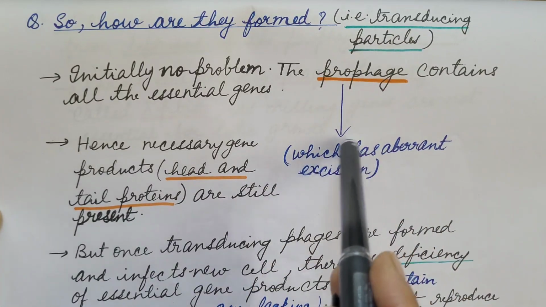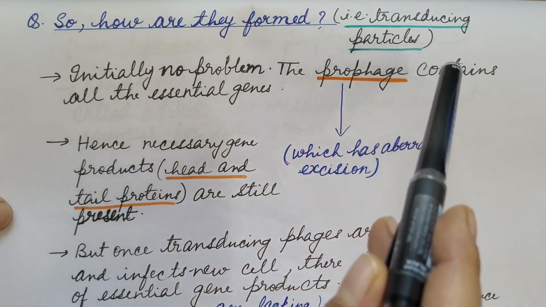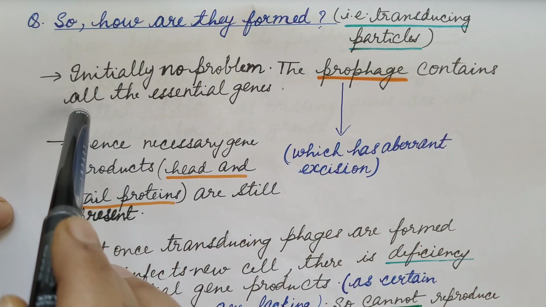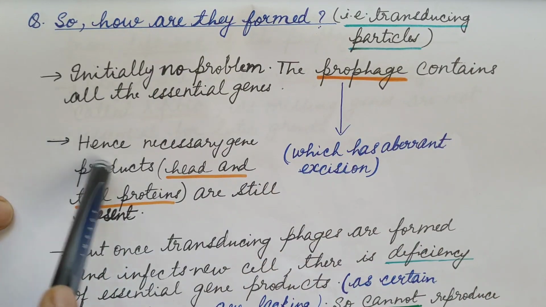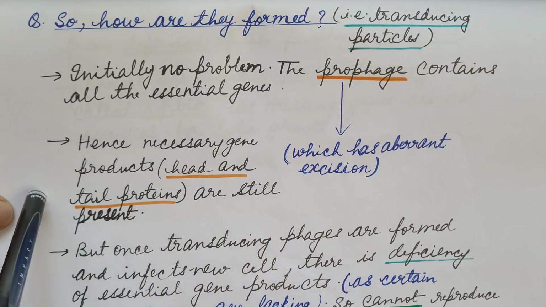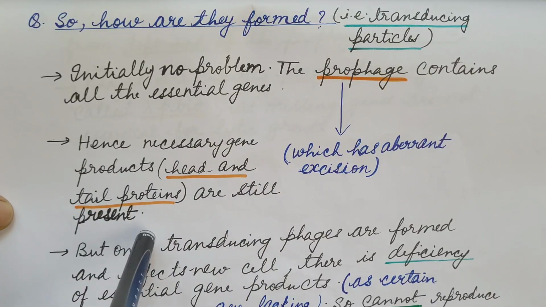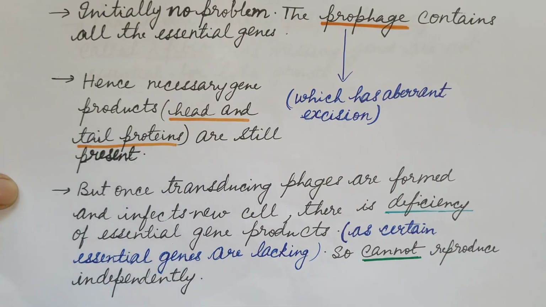This prophage only undergoes aberrant excision, and the part of phage DNA which is lacking is present integrated with the bacterial genome, as a result of which necessary gene products, that is head and tail proteins, are still present in the host cell, and hence transducing particles are formed.